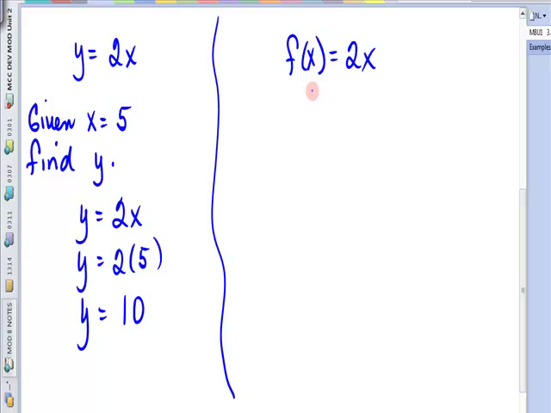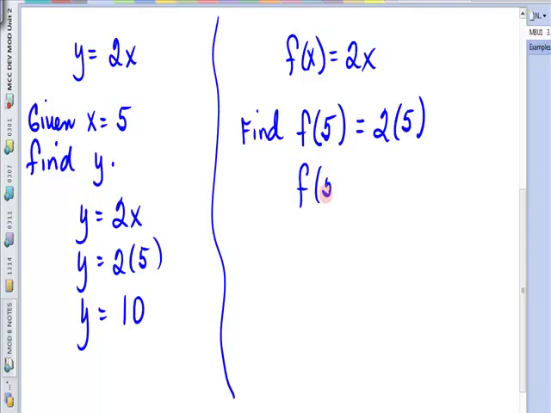In this notation, I would simply say find f of 5. So what I'm doing is saying when x takes on the value 5, what is the function's value? And you would substitute it in, you would then simplify, and you would get 10.